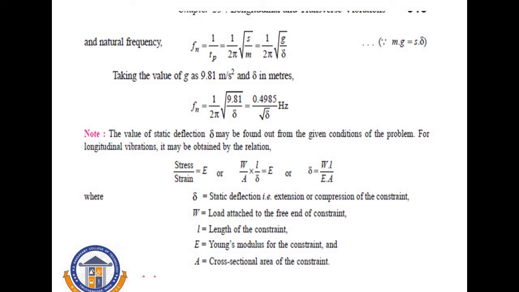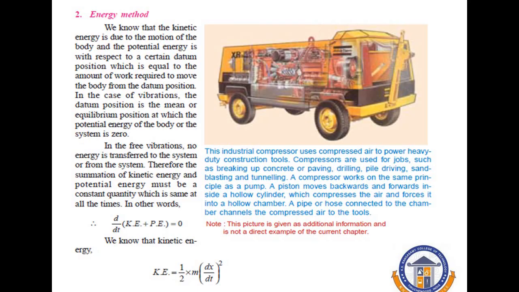W is the load attached to the free end of the constraint, L is the length of the constraint, E is Young's modulus of the constraint, and A is the cross-sectional area of the constraint. Thus, delta can be found out using different methods.